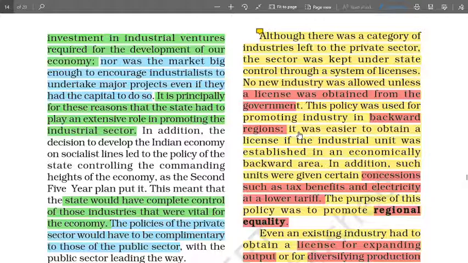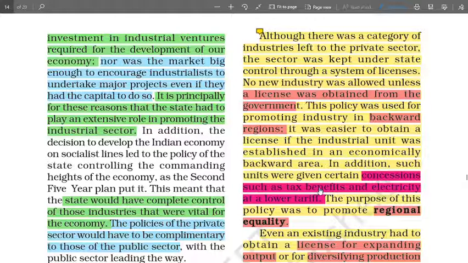Secondly, in addition, such units, if you set up in rural areas, were given concessions such as tax benefits and electricity at lower tariff. So that is the assistance you get from the government.